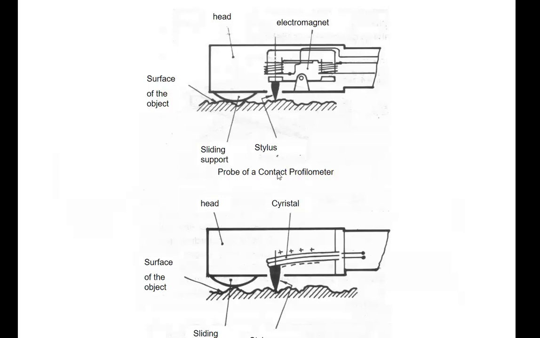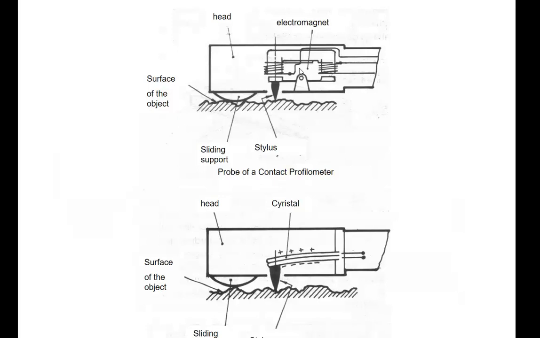If it is this type of probe, it has a magnet, and the displacement of the stylus changes the magnetic effect. In the magnetic field, the magnetic force will be smaller or greater. The current created over here, thanks to the existence of the electromagnet, will change.